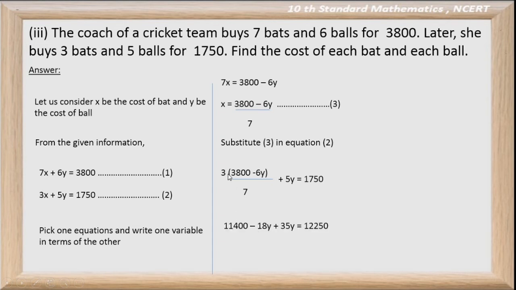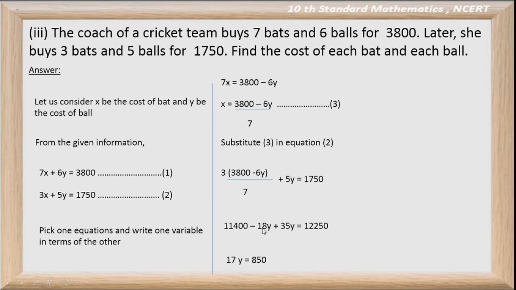Now we can multiply. 3 into 3,800 is 11,400, minus 3 into 6 is 18y, plus 7 into 5 is 35y, equals 7 into 1,750 is 12,250.